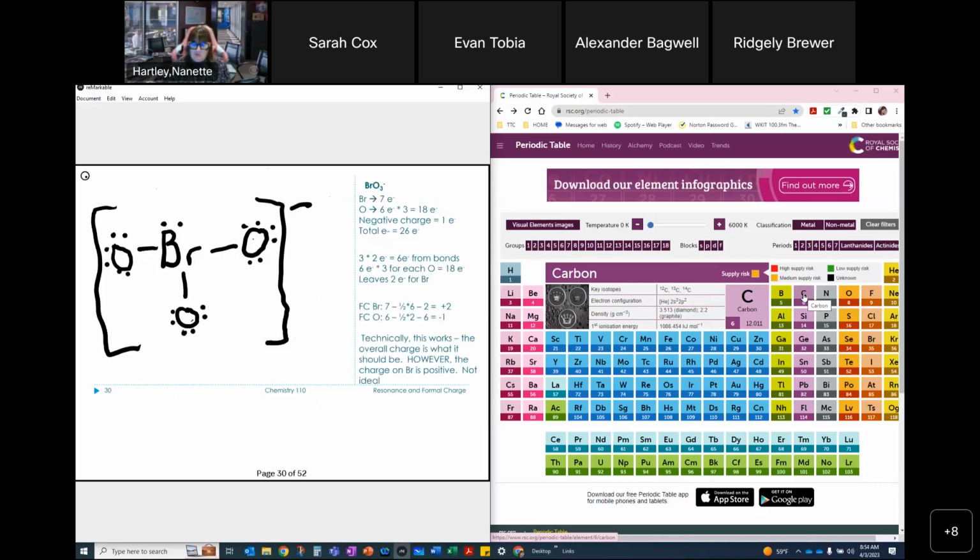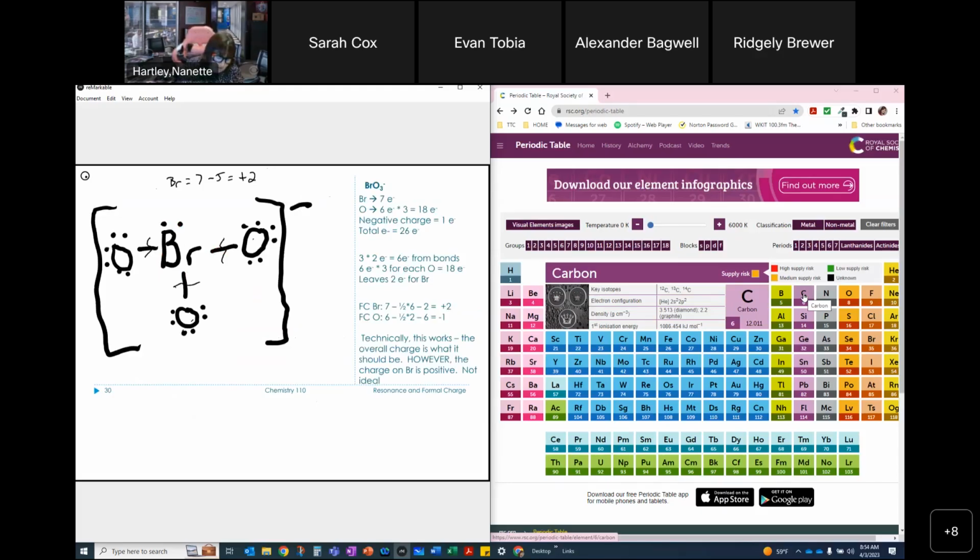Now, we come back here, and we calculate formal charge here. All right. So if I cut this in half, each of those oxygens is going to be the same. Now, bromine should have 7 electrons. 1, 2, 3, 4, 5. And that gives him plus 2 because he doesn't have enough, so that's a positive 2.